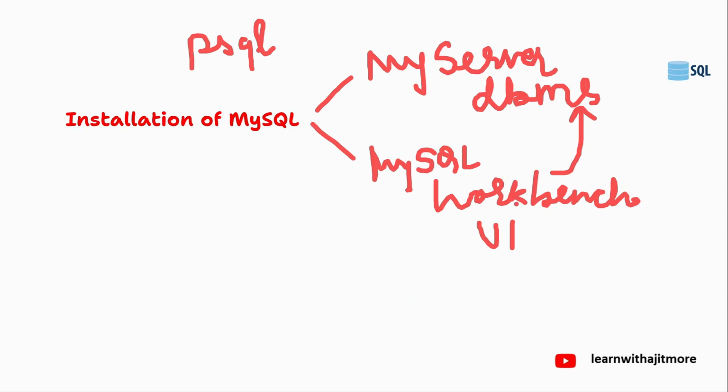Get it? So MySQL Workbench is not the DBMS. It is just a user interface provided to the client through which the client can connect with the DBMS, submit the queries to the DBMS, collect the result, and show the result to the end user. That we do through Workbench.